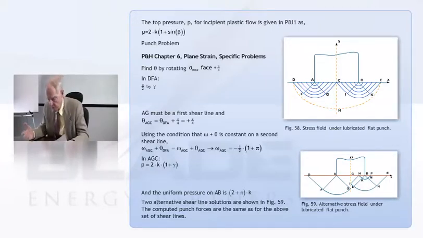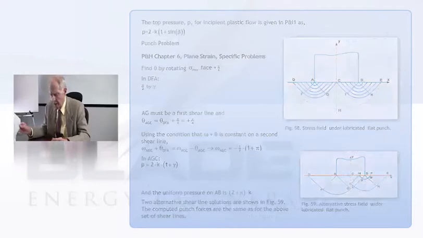So all of these solutions have velocity fields that can be associated with them, because, although I can look at this and say what the stresses are, I still need to show that I can construct a velocity field that's consistent with those stresses in order to say that I have found a solution. And that's true of all three.